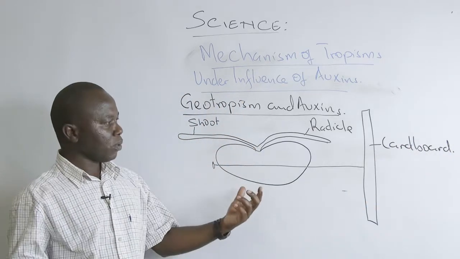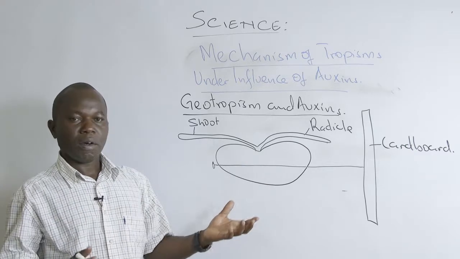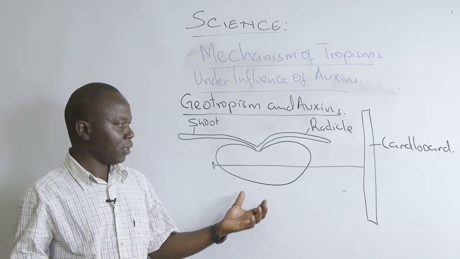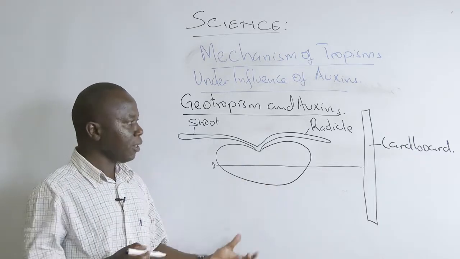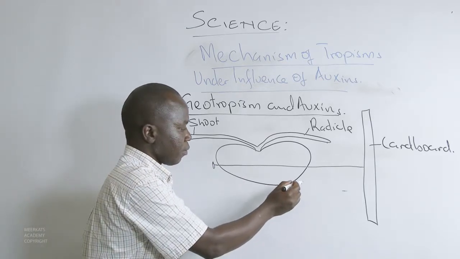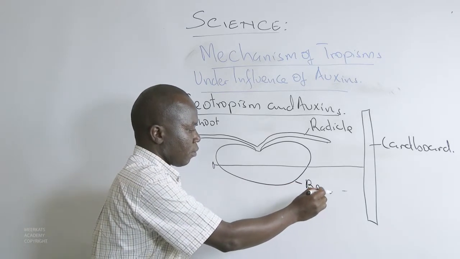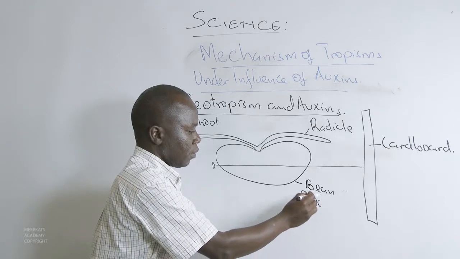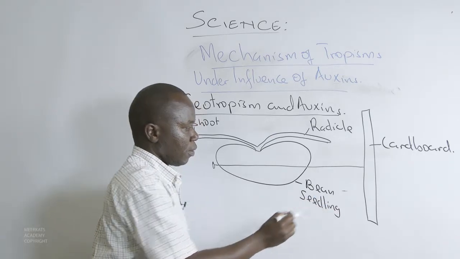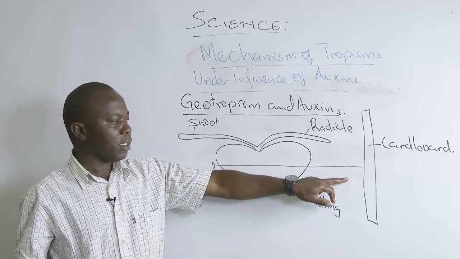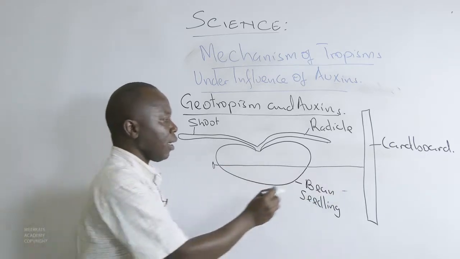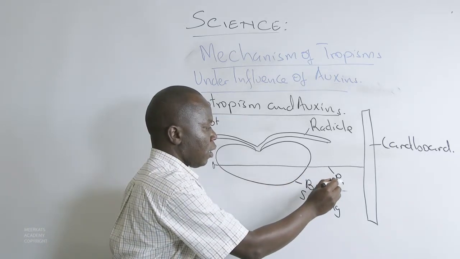So if you are going to illustrate an experiment, all you need is a germinating bean seedling, and then you adhere it to a cardboard using a pin in this position.